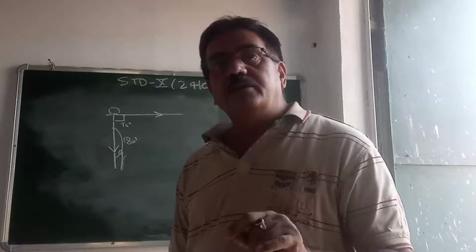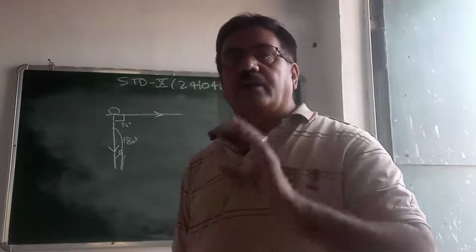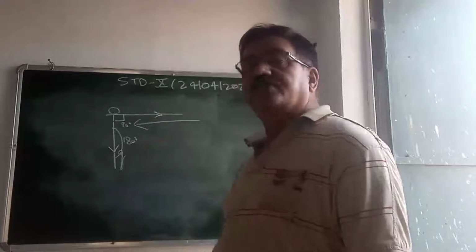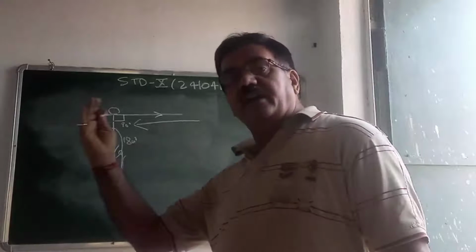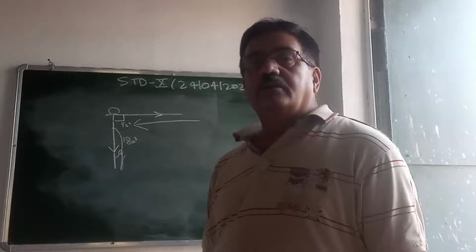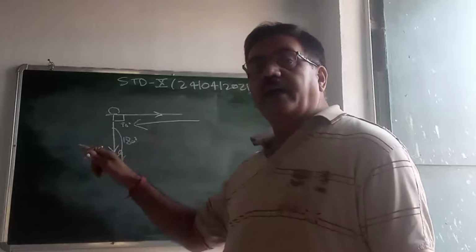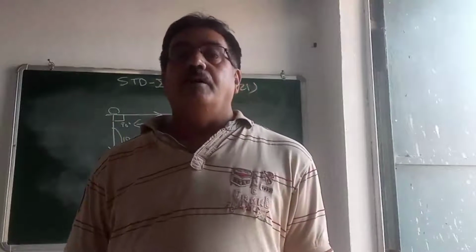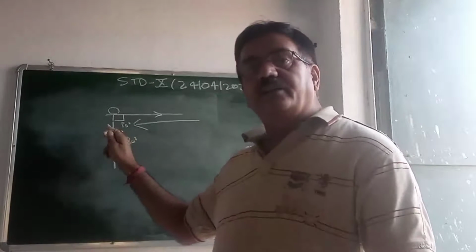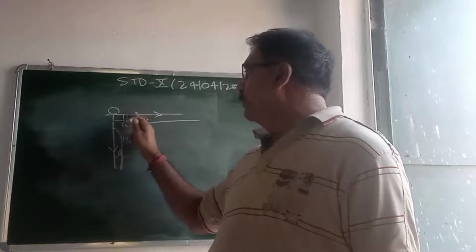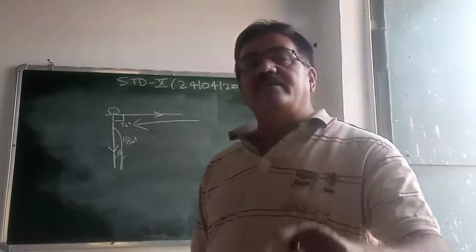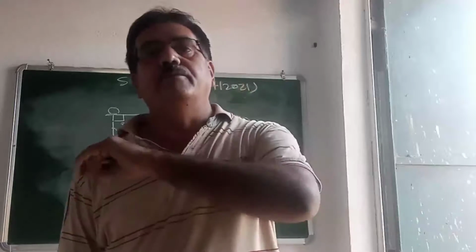But that doesn't mean the porter is not doing work. He is doing work. When he moves, the force of friction opposes the motion. So the porter is doing work against the force of friction, but he doesn't do work against the force of gravity. Once again, why? The reason is that the displacement of the load by the porter against the force of gravity is normal, hence against the force of gravity the porter is not doing any work.